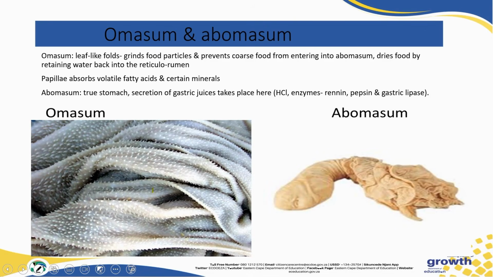At the same time, these leaf-like layers in the omasum push the food into the abomasum whilst bringing back the undigested feed particles into the rumen and reticulum, as in the structure you see in the diagram. So it is a leaf stomach.